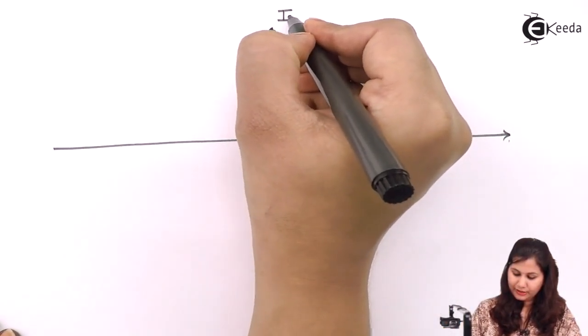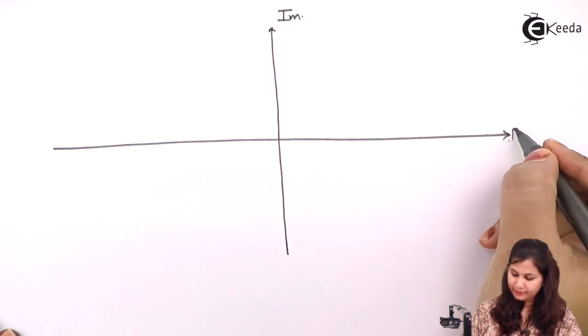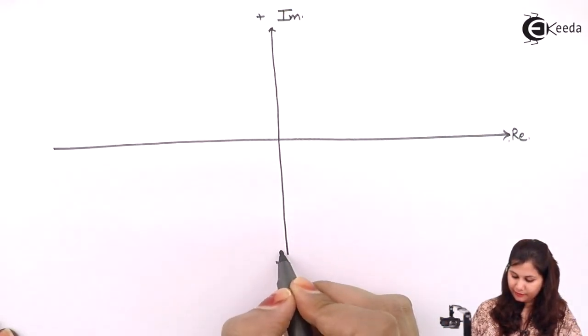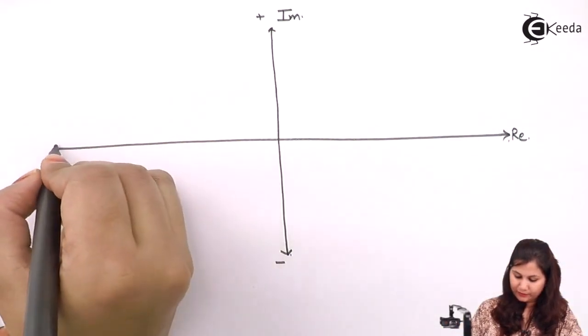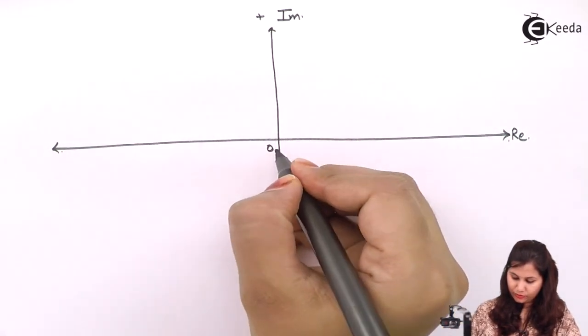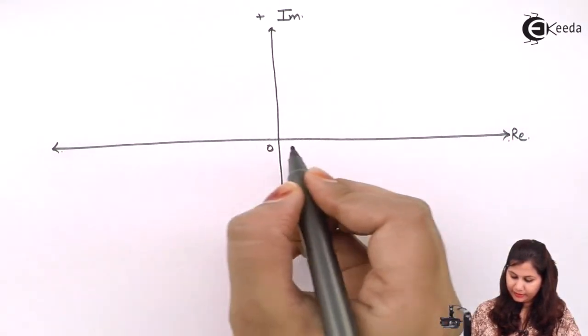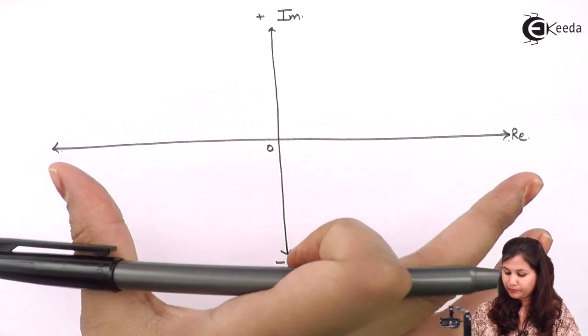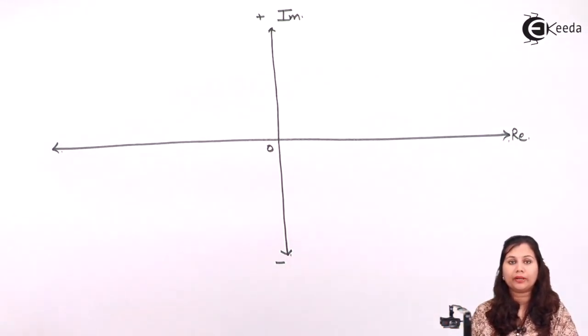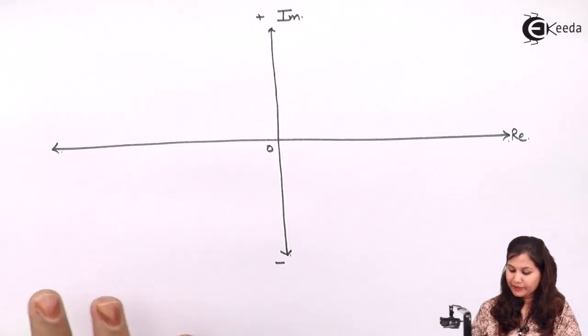This is the imaginary axis and this is the real axis. This is positive, negative, this is positive and this is negative.